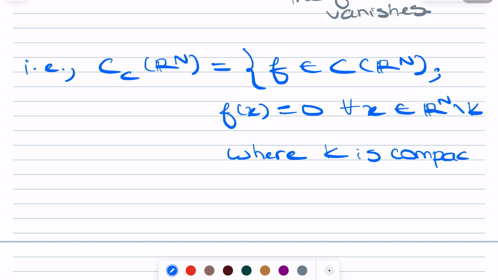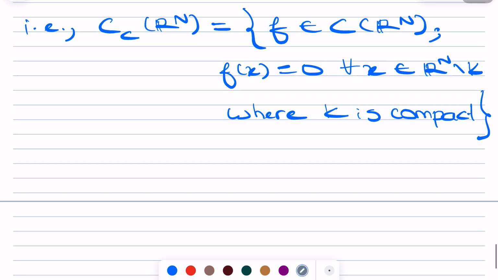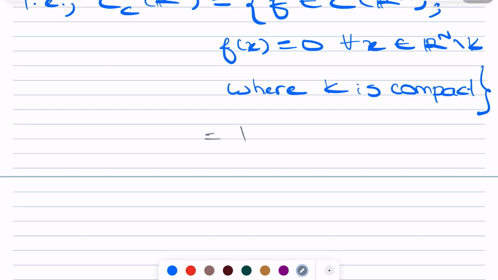So this space is often denoted by D of Rn, the space of test functions.